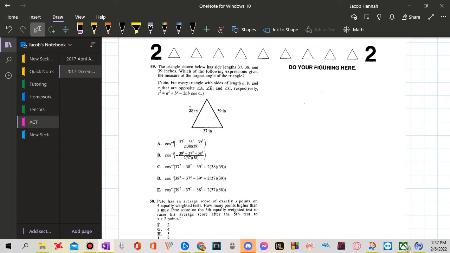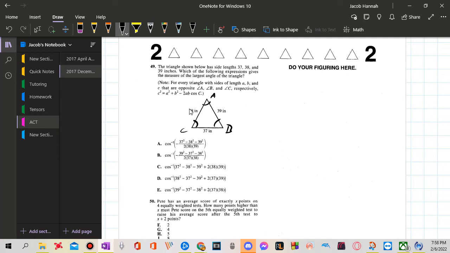How you want to do this is, first you want to label these sides a, b, c. It does not matter which order.